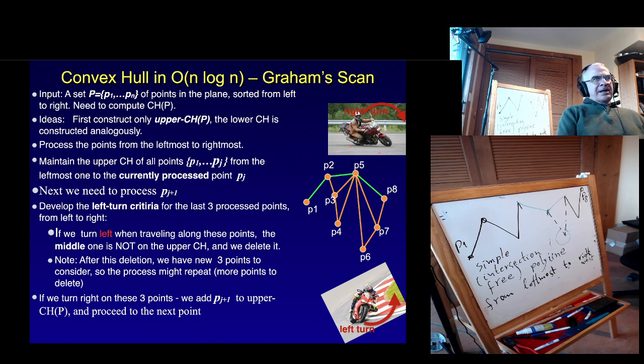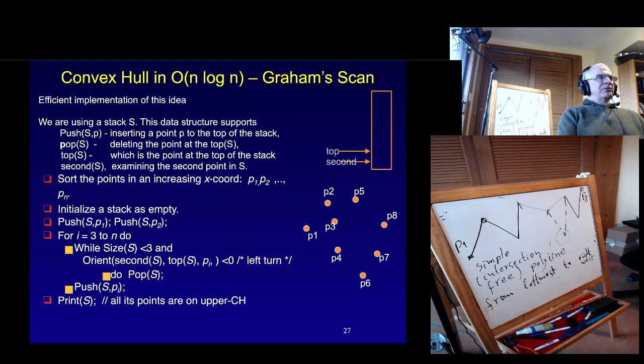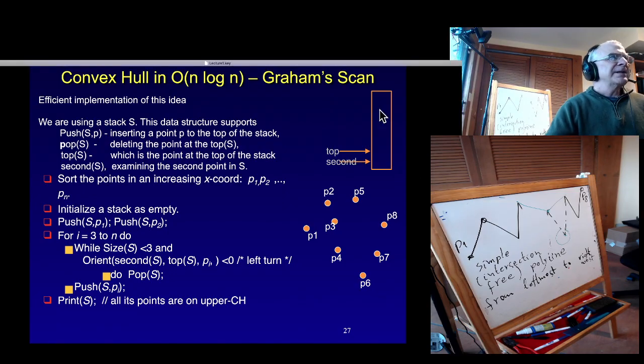However, using this clever trick with a stack, we are getting to a simpler way to check who is yes, who is no. So let's see how it goes. So we are using a stack. A stack, as you know from 345, is a data structure that allows you to push a point into the stack.